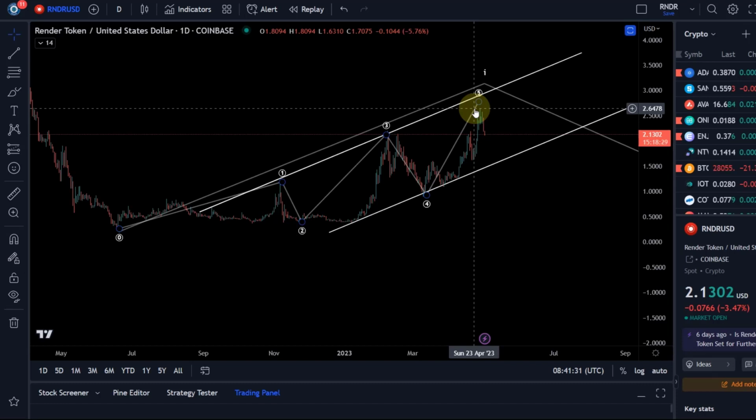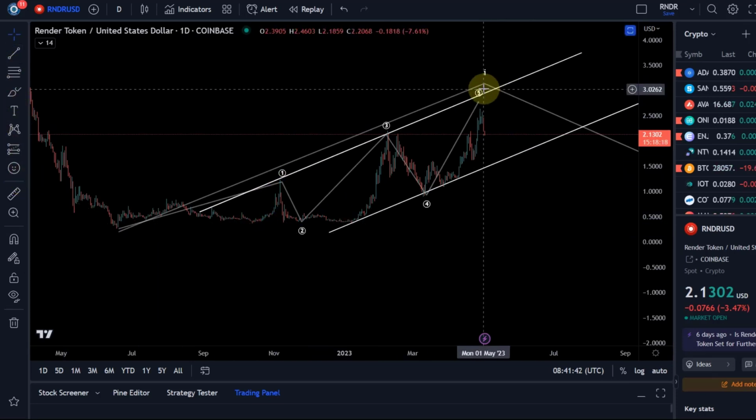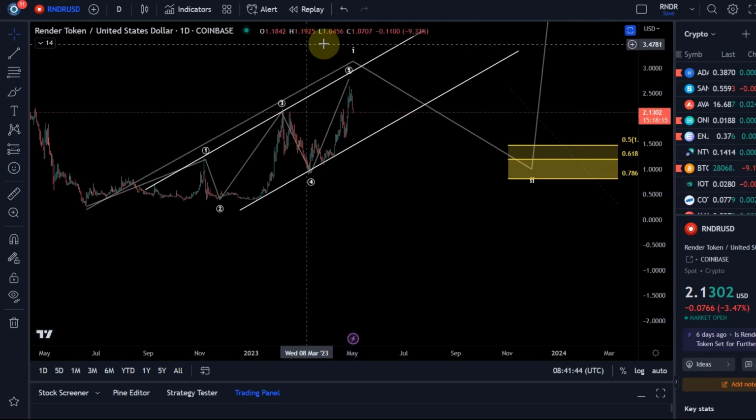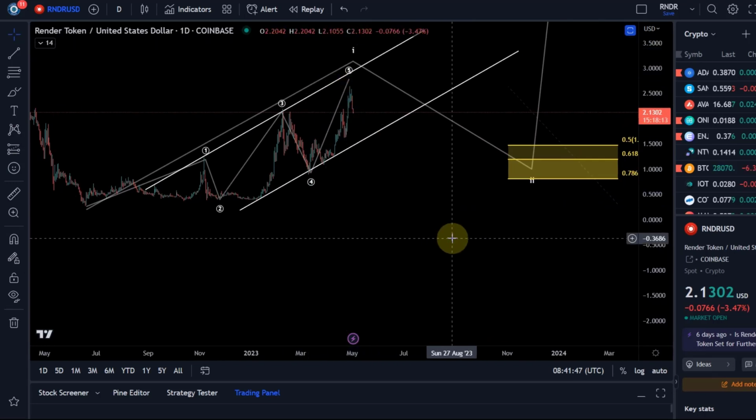And because it doesn't have an impulse, it's just by the very nature of what it is, less reliable. You have all these overlaps. There's nothing that would tell me it couldn't be a WXY structure to the upside or something, and that will follow through in an impulse to the downside. That's the problem with these diagonals. We discussed diagonals in the member live stream on the weekend in detail.